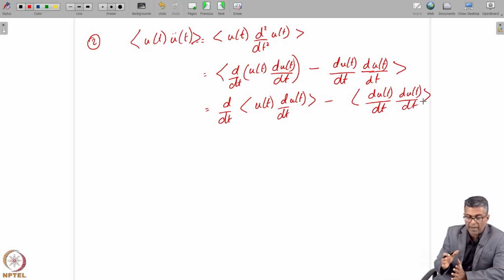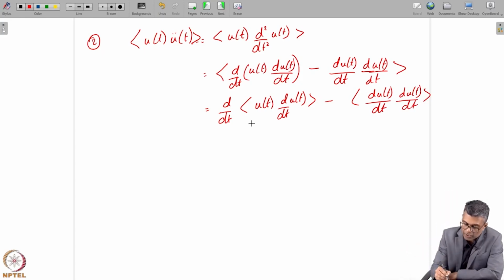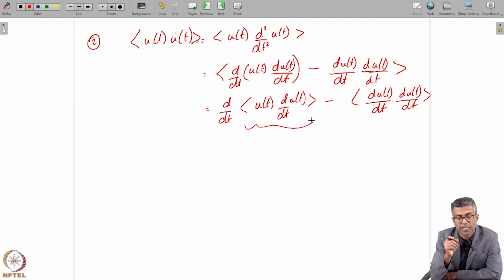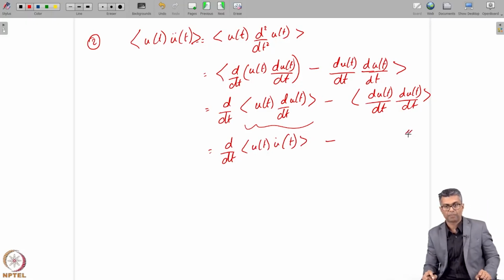I just took the averaging of the first term and the second term separately. Now look at what this is. It is the covariance of u(t) times u dot, isn't it? This is essentially d/dt of u(t) u dot(t). Okay, minus whatever this term is.